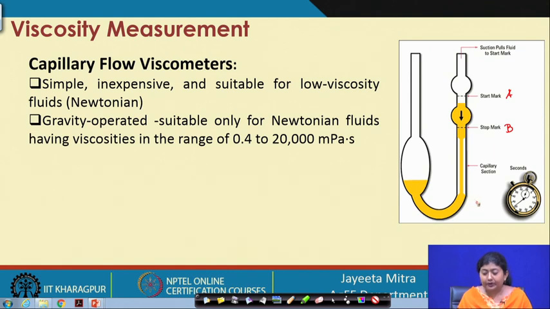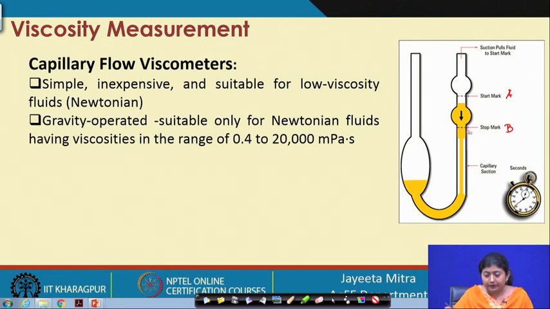Now, if we want to use this for high viscous fluid, in that case we apply a certain external force in addition to gravity, that may be compressed air or some mechanical means.